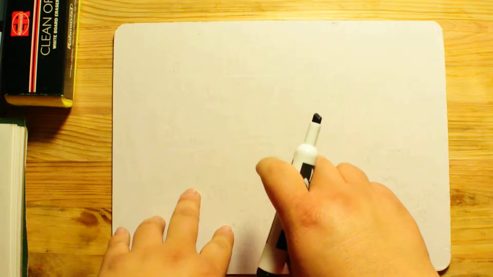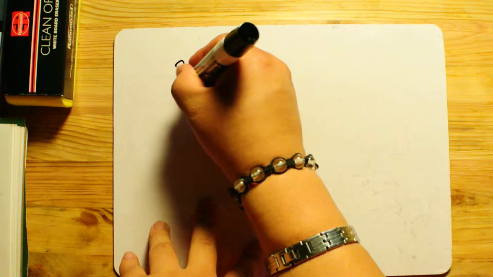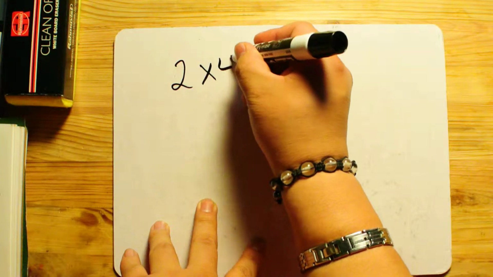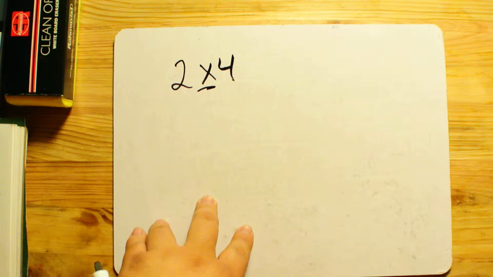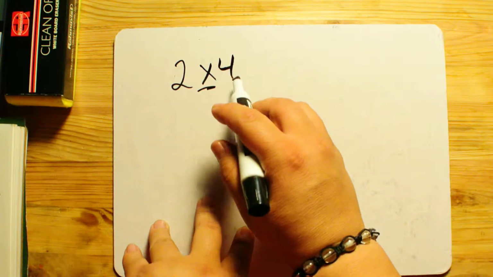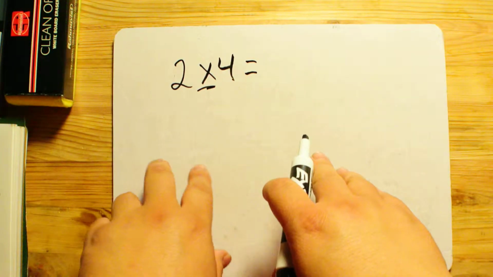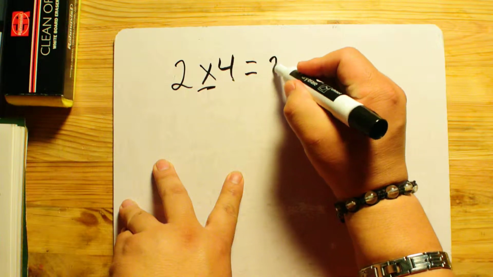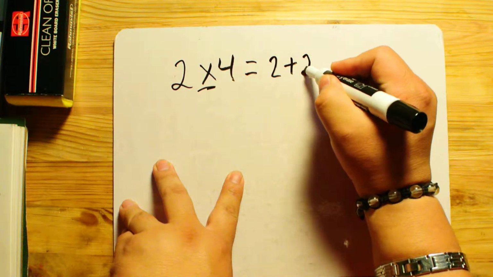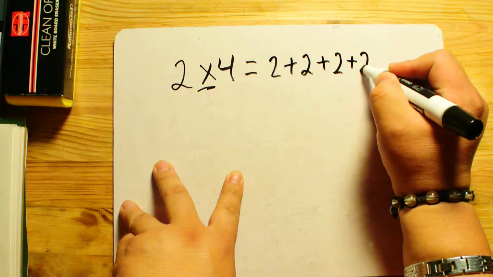Let's say we have 2 times 4. So this actually means multiplying. 2 times 4 is equal to, and this is what multiplication actually is, 2 plus 2 plus 2 plus 2.